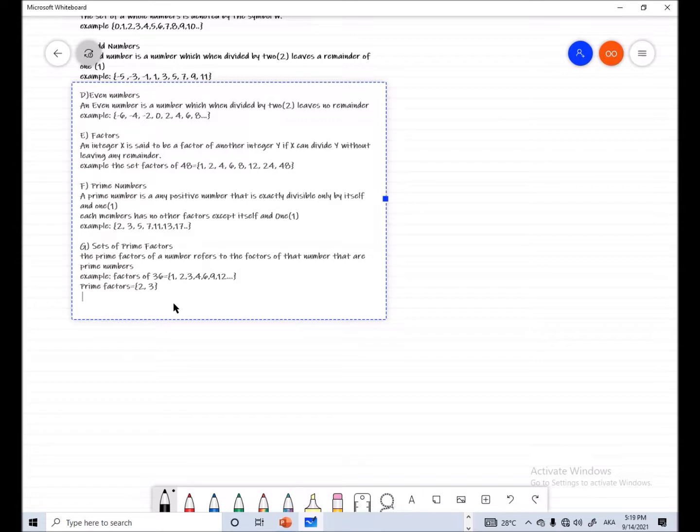Okay, so quickly let me brush through multiples of numbers. Let's look at that one and then we end the class.